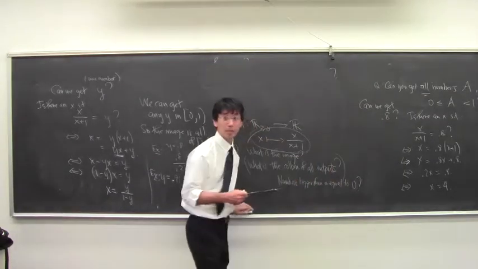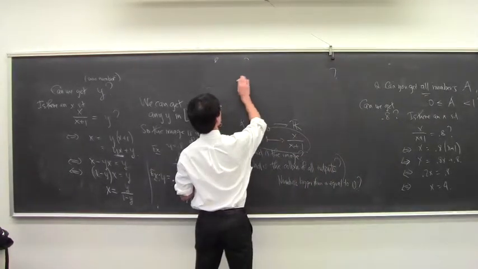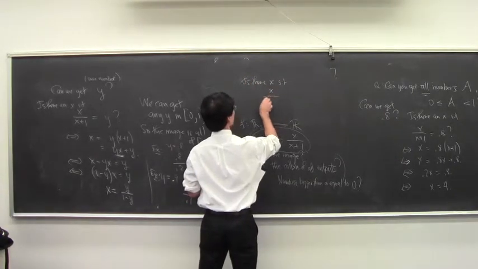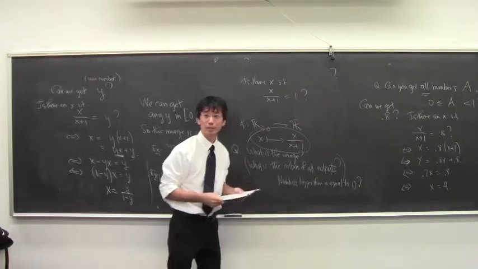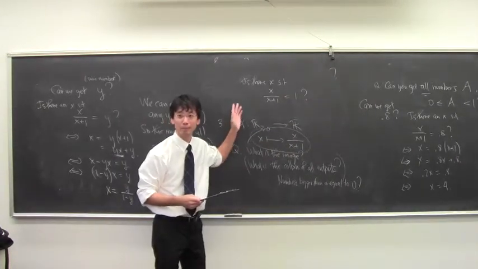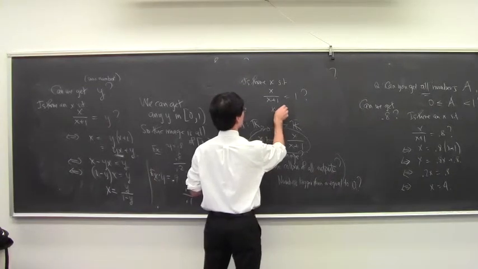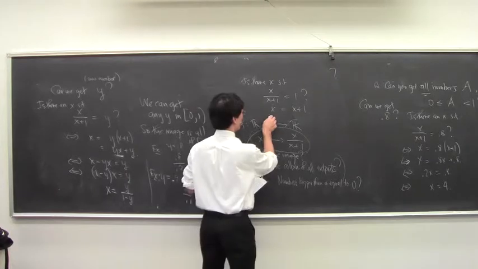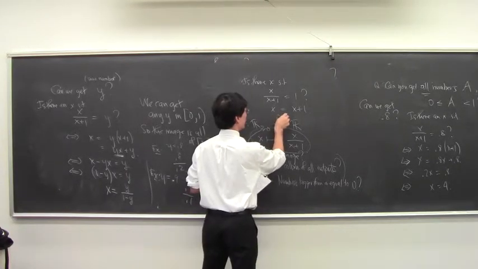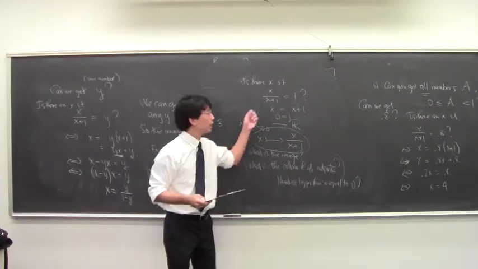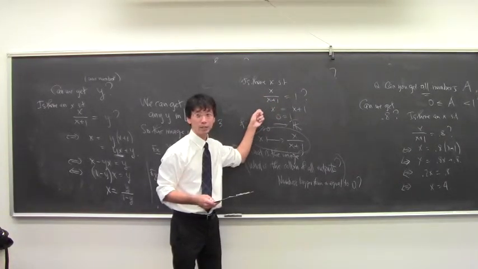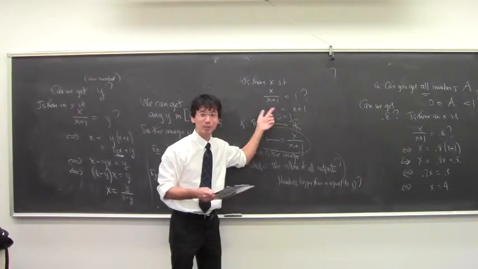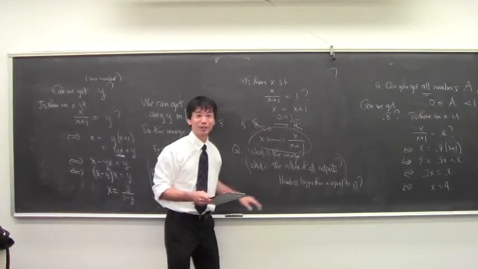Let's see how we can see that. Is there an x such that x over x plus 1 equals 1? Let's solve that. Well then we have x equals x plus 1, and so we have 0 equals 1. There is no x that will do that for us.